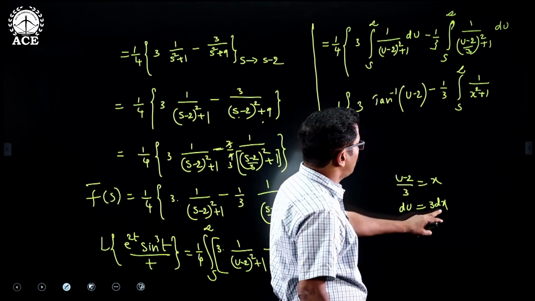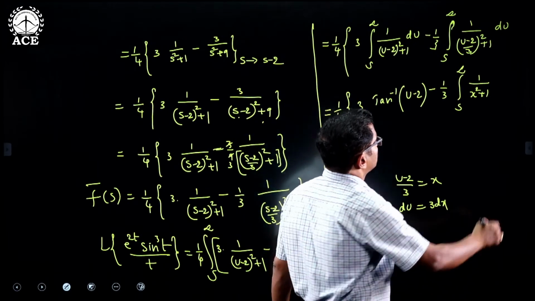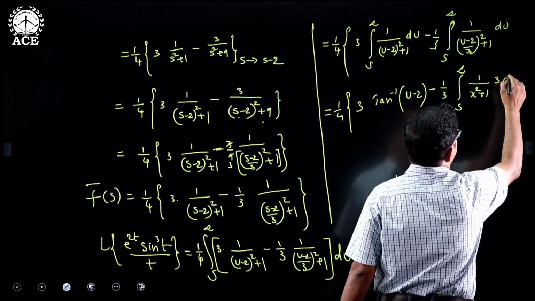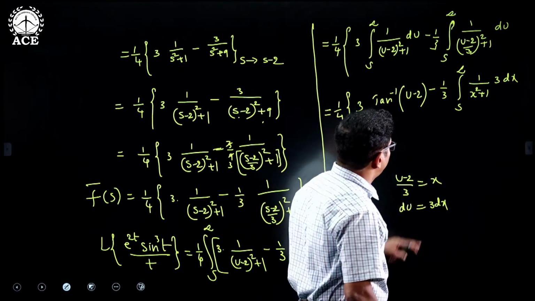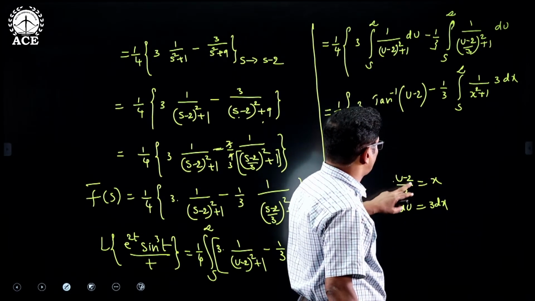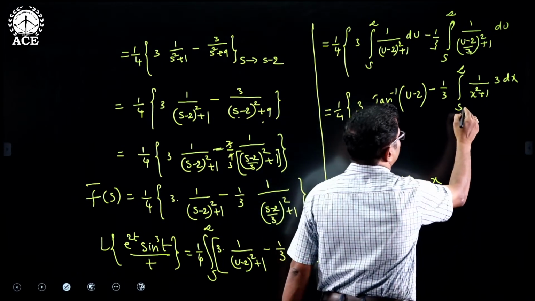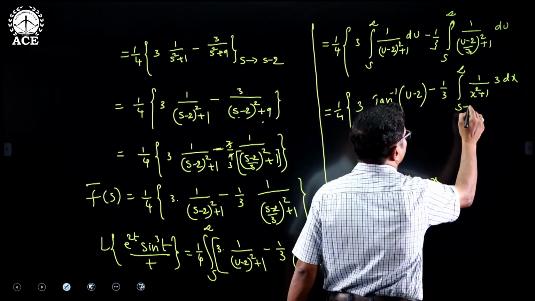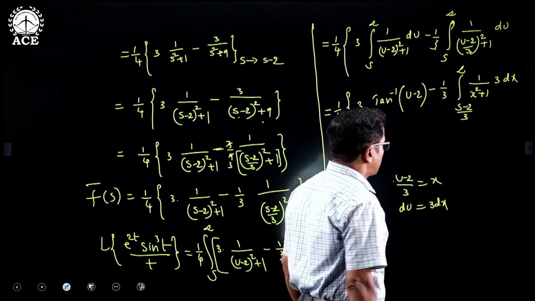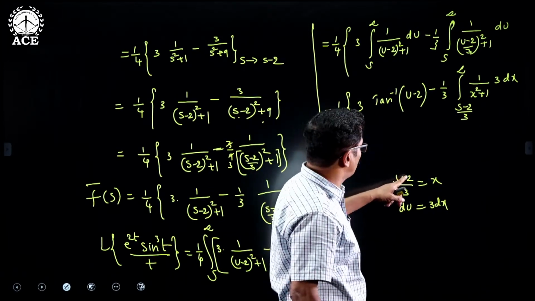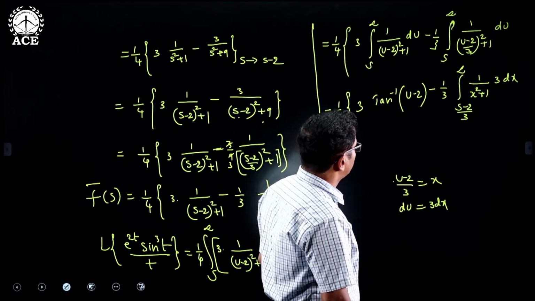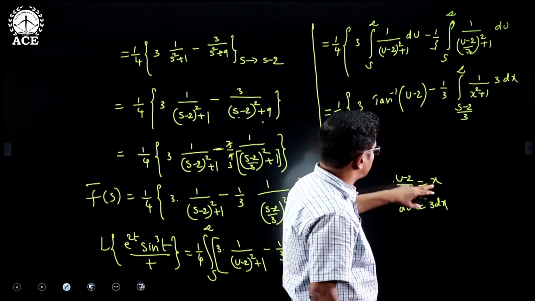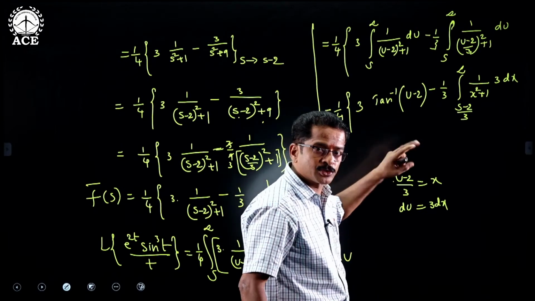So in the place of du, I can put 3 dx. And if I put s, s minus 2 by 3 you will get here, s minus 2 means for x the limit is s minus 2 by 3. And if I put u as infinite, u minus 2 by 3 means infinite you will get. For u is infinite, x also tends to infinite.